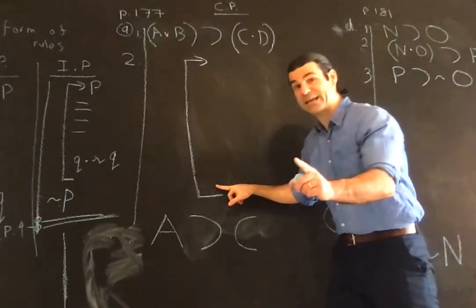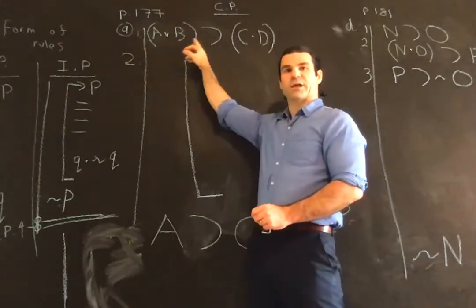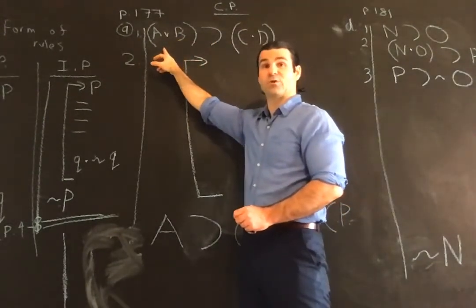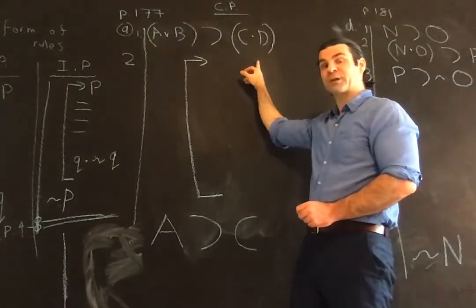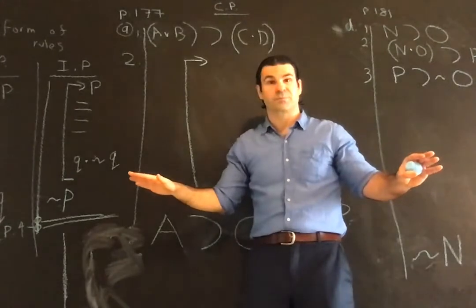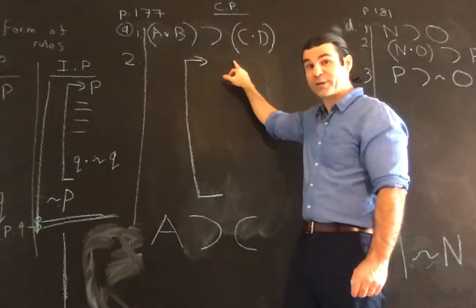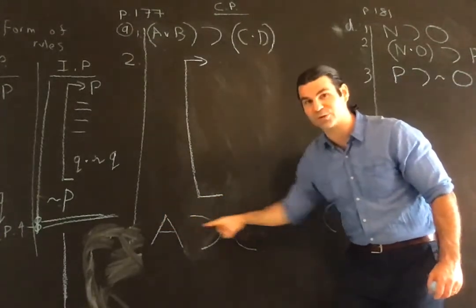A mistake in applying conditional proof is thinking, oh, I've got a conditional up here where the antecedent is A or B, so maybe what I should assume is A or B. Or maybe you just write that down without thinking about what you're doing. You're lost. Because if you put A or B up here, that's your P, and the conclusion of your rule cannot be what you need your conclusion to be.